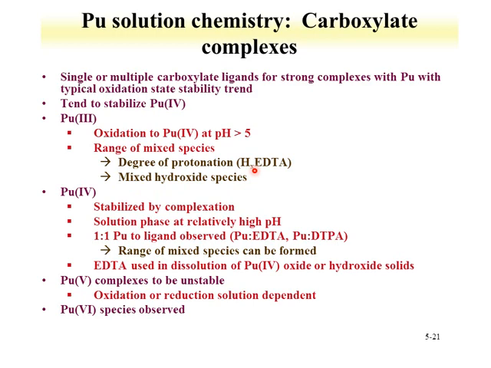For instance, with EDTA, the ethylenediaminetetraacetic acid, the degree of protonation of the EDTA will vary depending upon the pH, and also you can get mixed hydroxide species, so you can get plutonium hydroxide with EDTA.